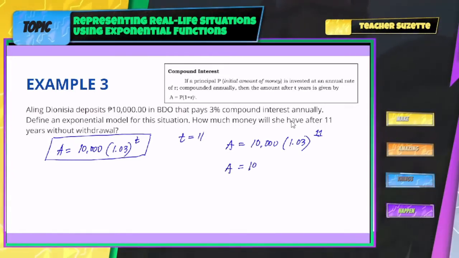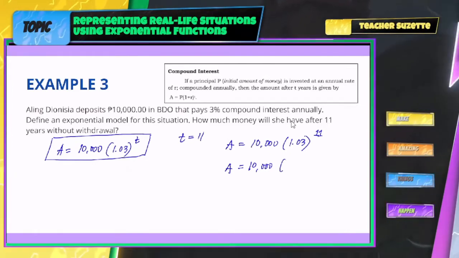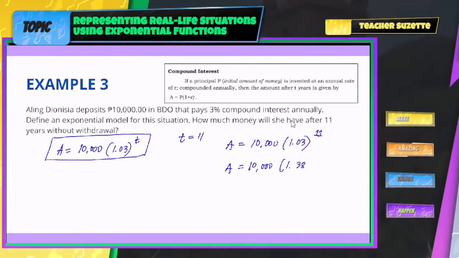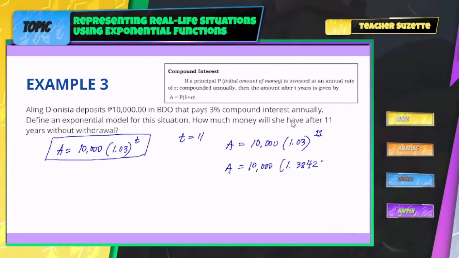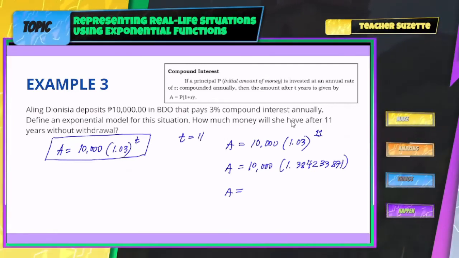You will have 10,000 when you raise 1.03 by 11, you will have 1.384234... Then, multiply lang po natin ito by 10,000.